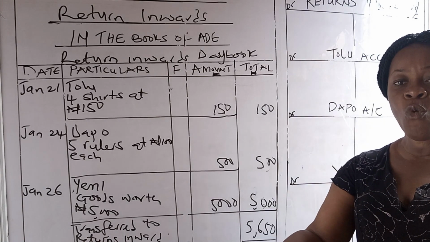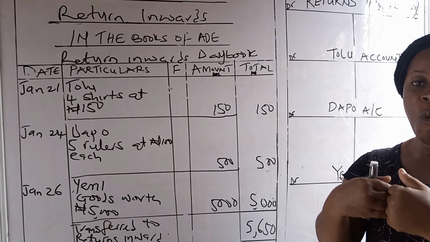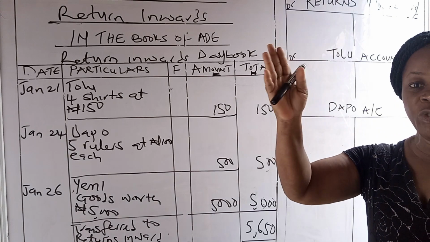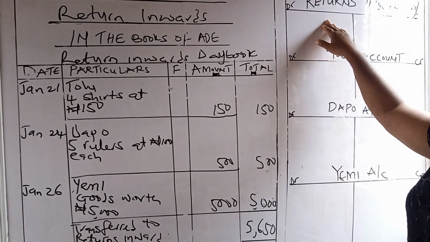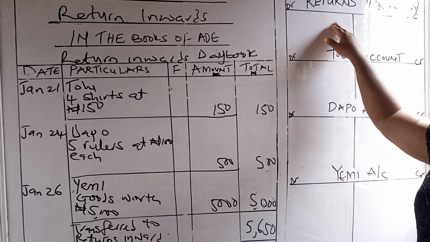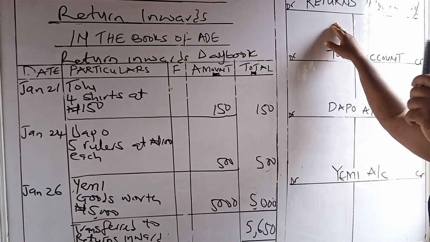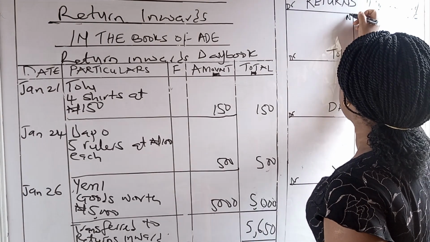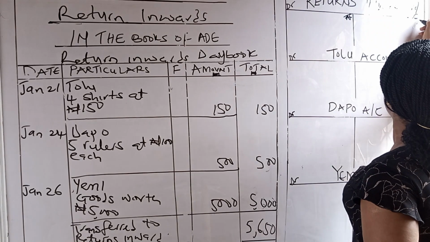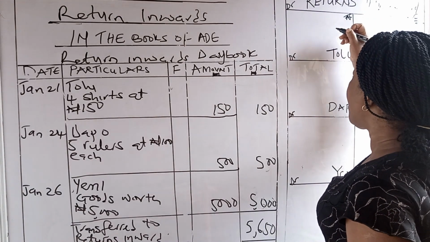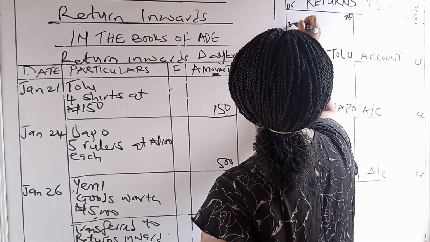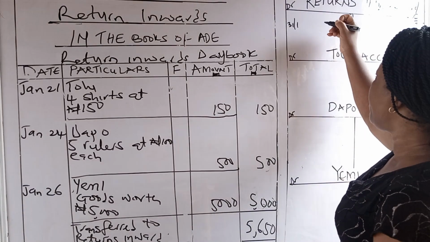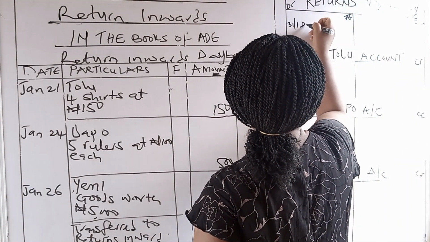When goods are returned to us, our stock of goods is increasing. As a result, the return inwards account will be debited because it led to an increase in the asset, as per the value of goods we have. So here we write the total. And what led to the increase? The debtors that returned the goods to us.